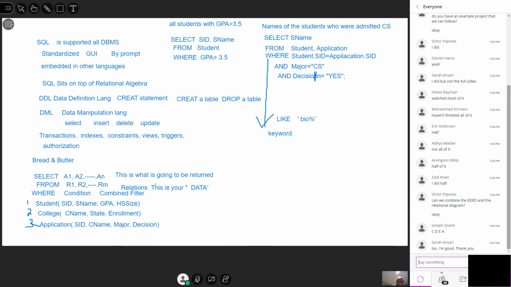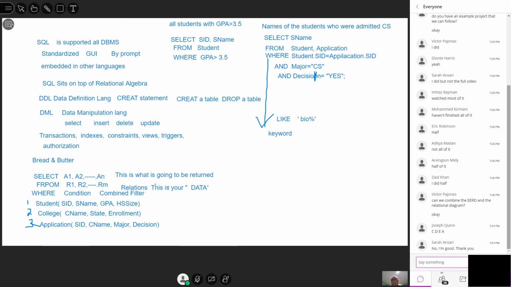It stands for a sequence of characters, greater than or equal to 0.